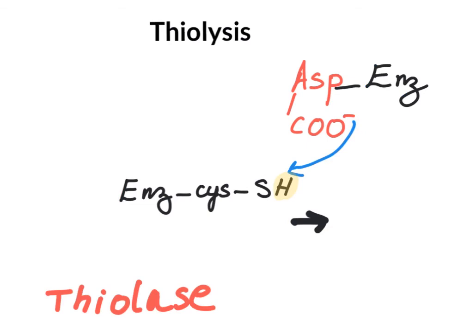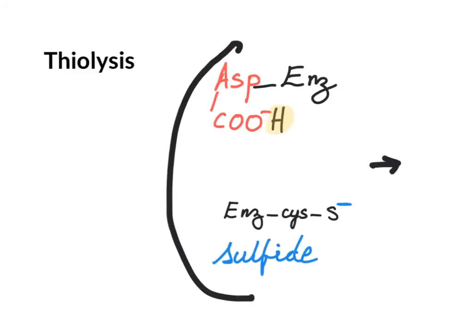The thiolase reaction occurs via a Claisen ester cleavage. The active site of thiolase will have an important cysteine amino acid, an important aspartate, and coenzyme A. Cysteine will become a better nucleophile as a sulfide after an acid-base reaction with the aspartate amino acid.